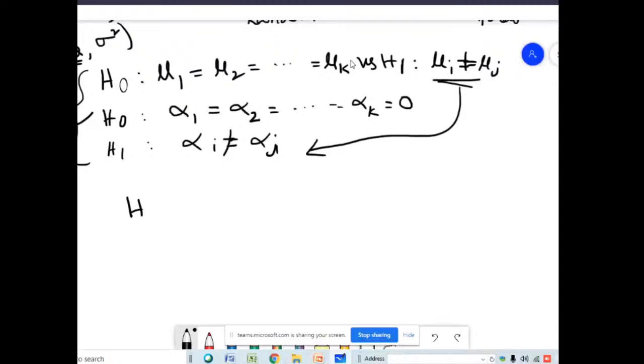H naught: the variance of the first group is equal to the variance of the second group, and so on, up to the variance of the kth group. This is what is to be tested in the analysis of variance, and that type of analysis of variance is generally called variance component analysis.